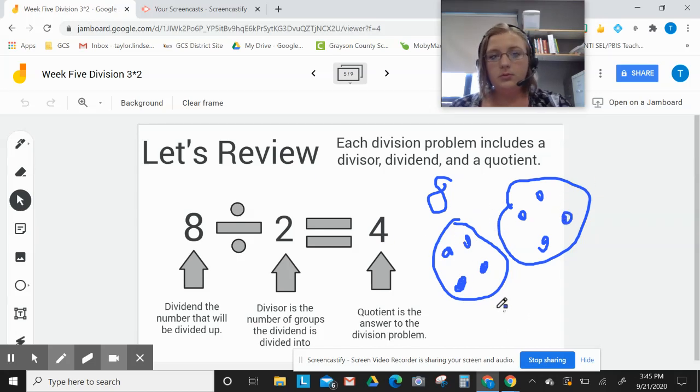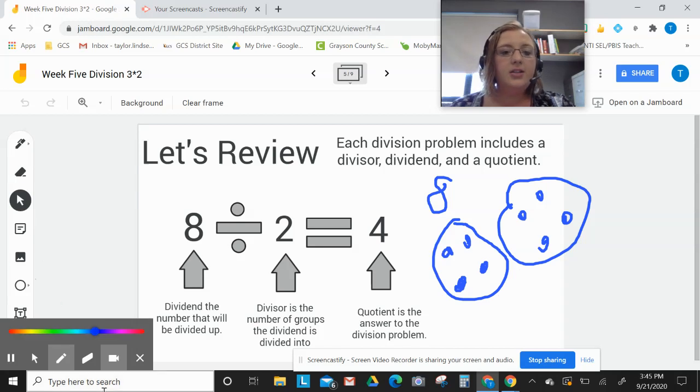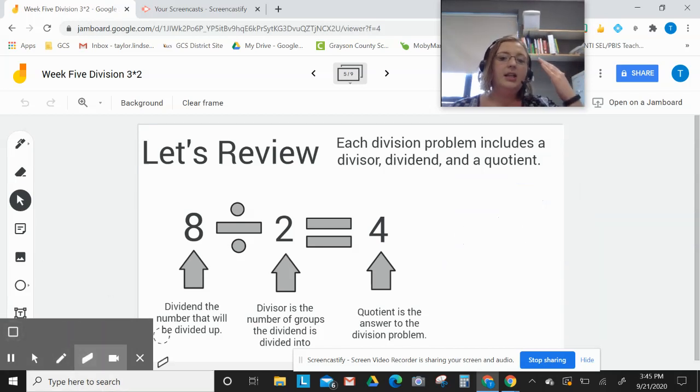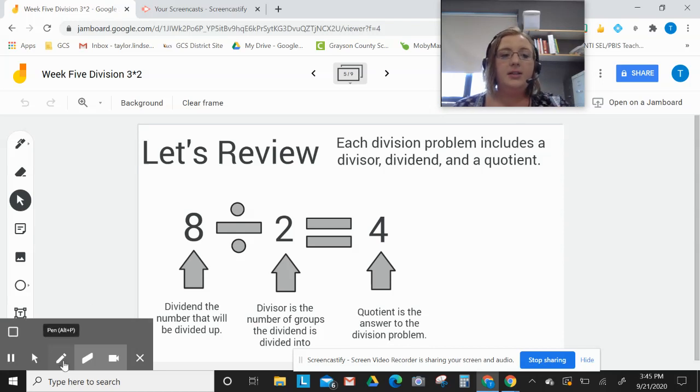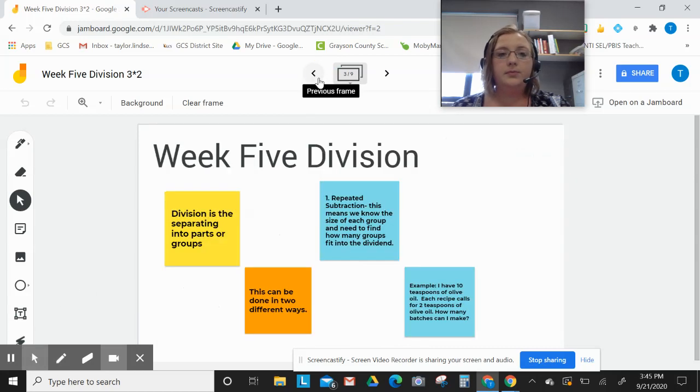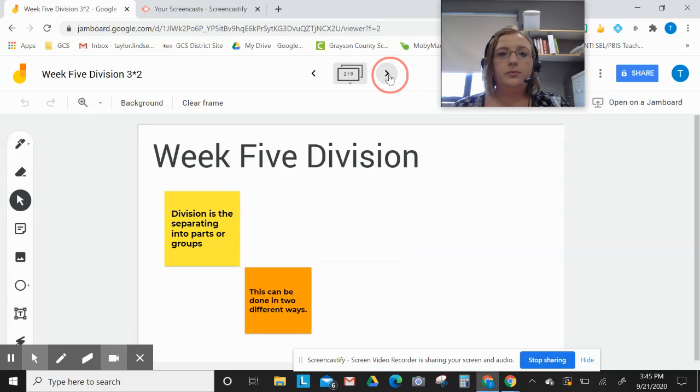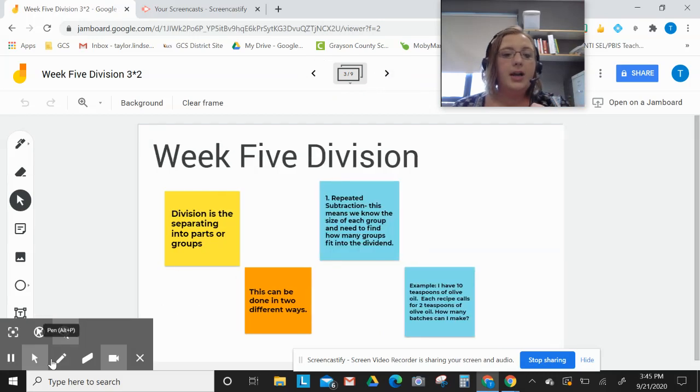So when you are solving these, you can always picture what is happening, what's going on, and how do we need to set up our equation? Because sometimes, for example, let's go look at our different types. For repeated subtraction, you are going to have to set it up a certain way.